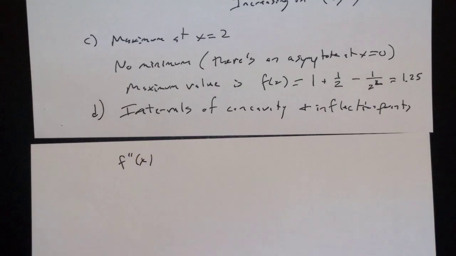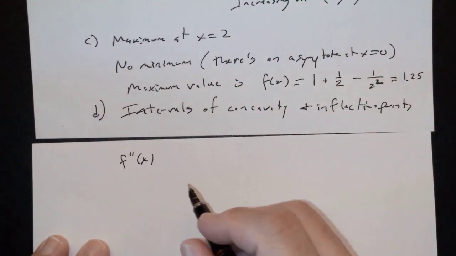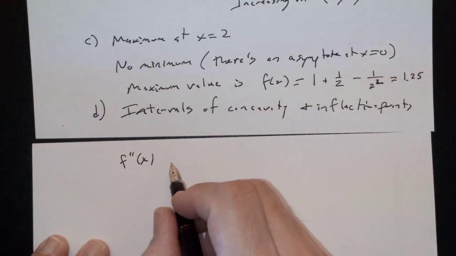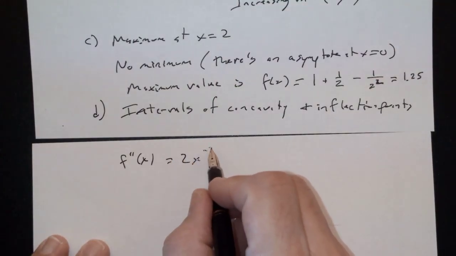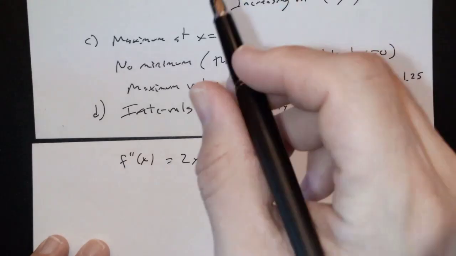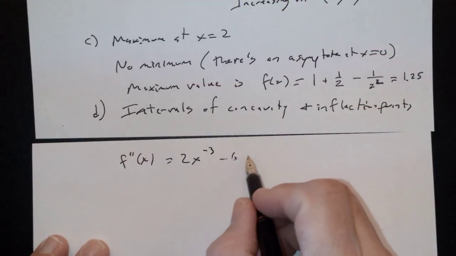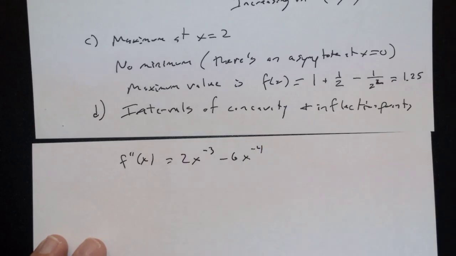I go back up to my first derivative in the power rule form because it's easier to take the derivative there. And I go, okay, the derivative of minus 1 x to the minus 2 becomes 2x to the minus 3. The derivative of 2x to the minus 3 becomes minus 6x to the minus 4.